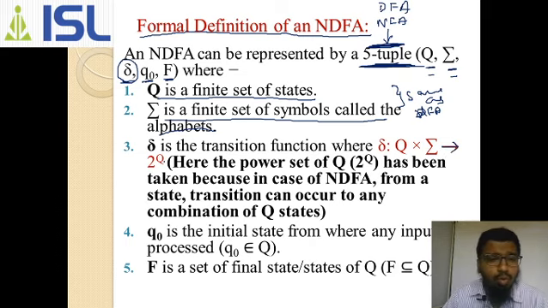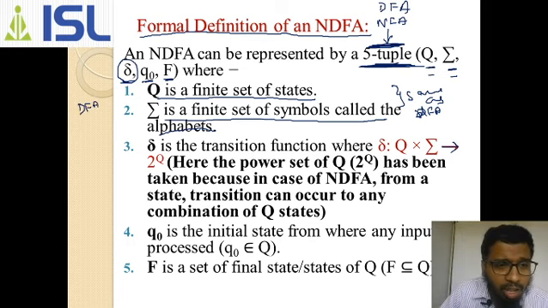Delta: Q cross sigma implies 2 to the power of Q. Here the power set of Q, 2 to the power of Q, has been taken because in the case of NDFA, from a state a transition can occur to any combination of Q states. What is it in DFA?